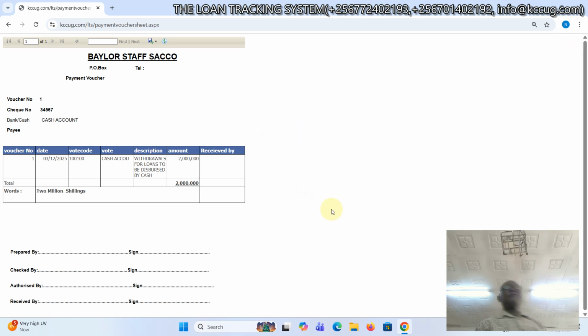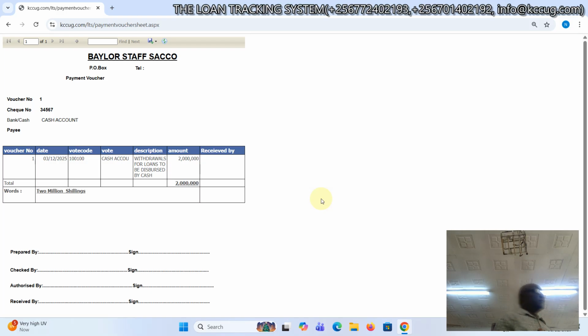That's your payment voucher, and you can see we already have space for the signatures. Good. So now, after preparing this payment voucher, you should be able to post it to accounts.